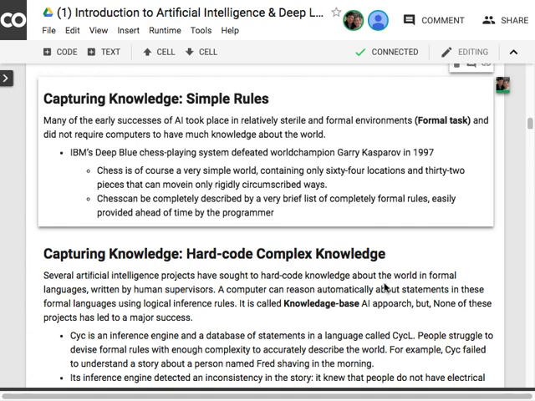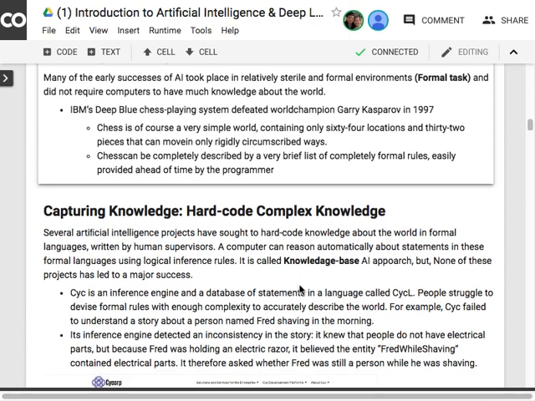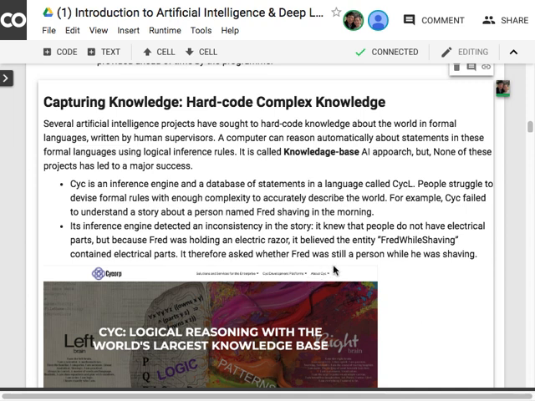But at that period of time, for abstract tasks, they were very bad. They couldn't even recognize characters or the faces of people. The amount of knowledge the computer had was very small.